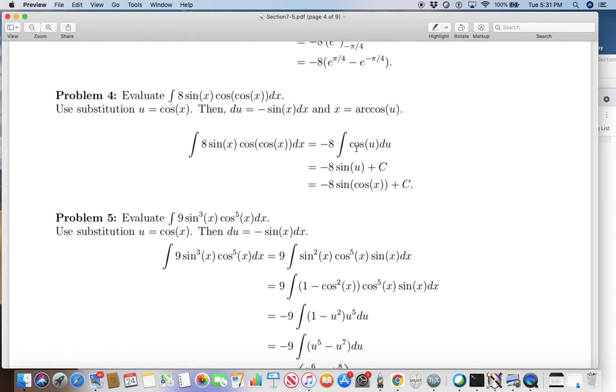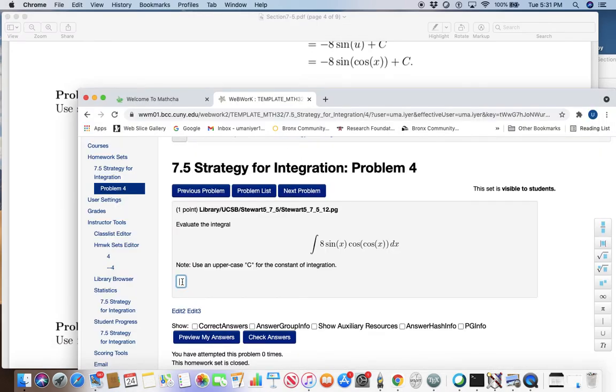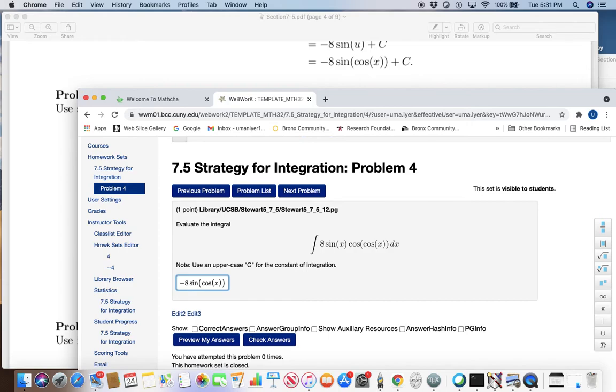The integral of sine is simply negative cosine, so don't forget the negative, plus constant of integration. Replace u by cosine x, as that was your substitution.